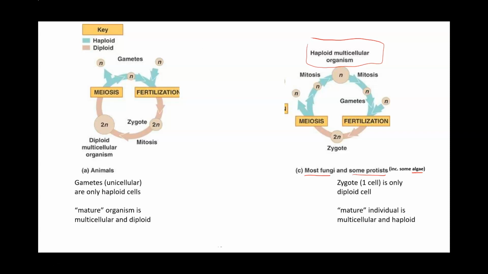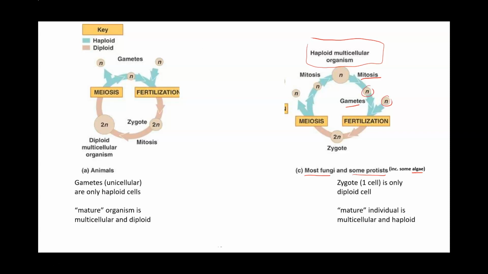And they will produce gametes by mitosis. And the idea here, and this is kind of the unifying feature of what makes a gamete, is that gametes fuse together through fertilization to make a zygote.